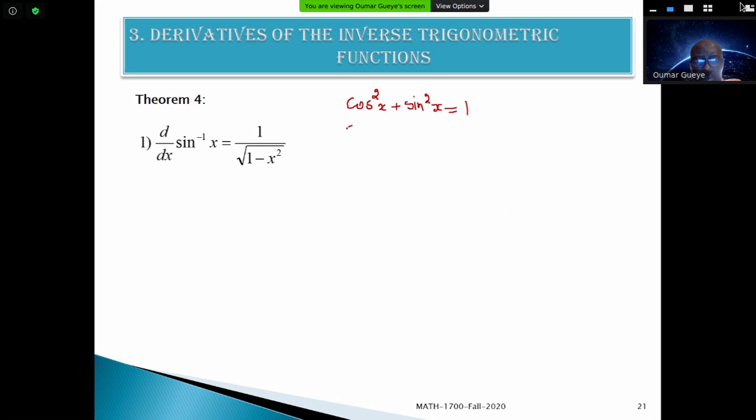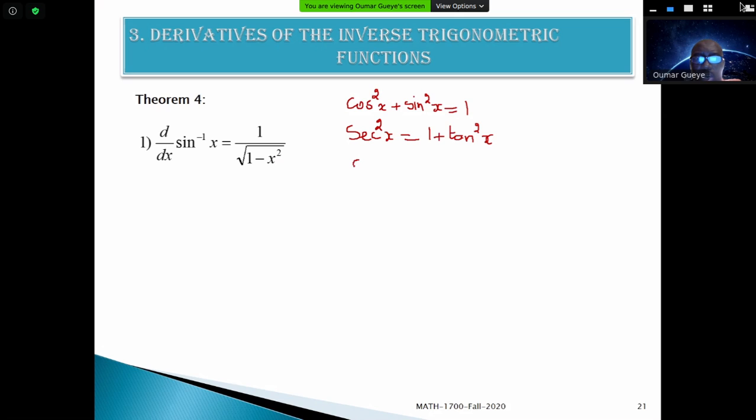For example, secant square of x is equal to 1 plus tan square. And to answer your question, this is exactly the formula that I use to prove the theorem is equal to tan square of x.